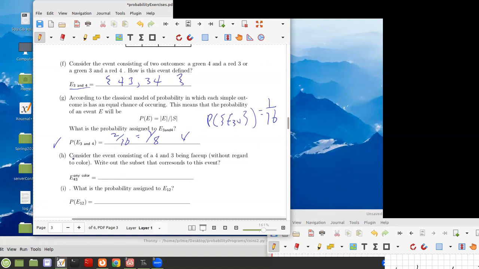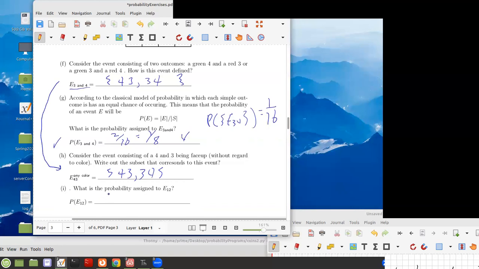I think there's a bug here in the sense that this is another way of saying the same thing. E 4, 3 any color is going to be 4, 3, 3, 4. But then what about this one? What's the probability assigned to E 1, 2?